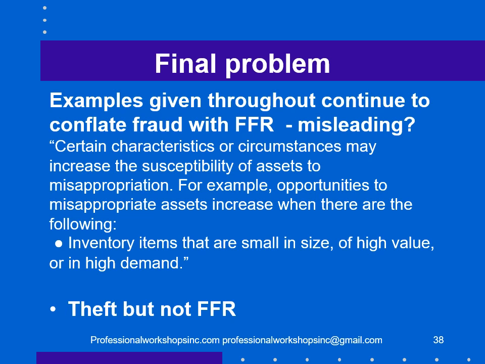Somebody steals a pencil, that's fraud, but it's not fraudulent financial reporting either because the office supplies are not misleading or not recorded as inventory. Or if someone stole something, as long as inventory is correct, it's fraud, I suppose, in the definition, but the financial statements aren't wrong.